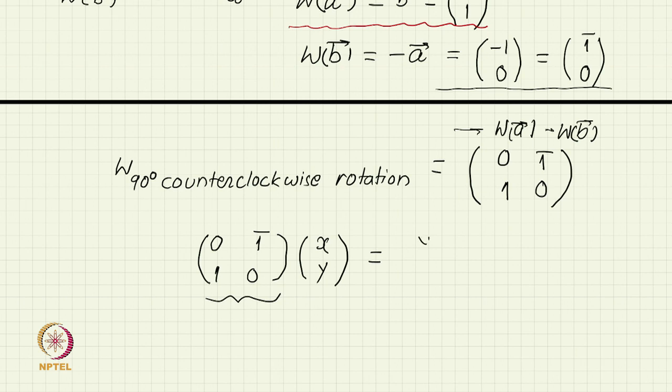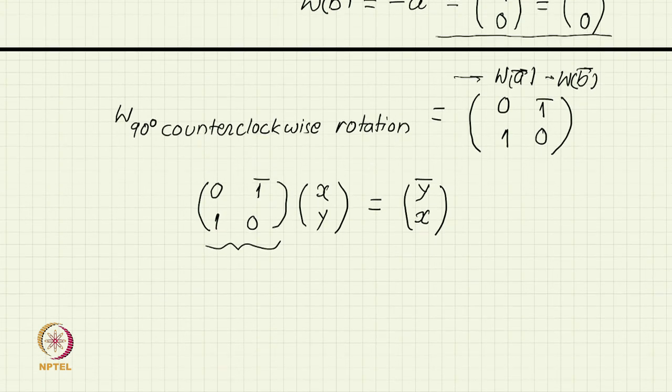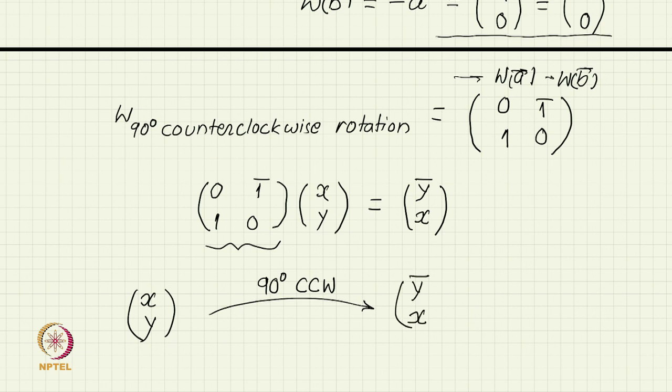So, that you can see is minus y, x. So, this means by 90-degree clockwise rotation a vector x y will go to y bar, x.